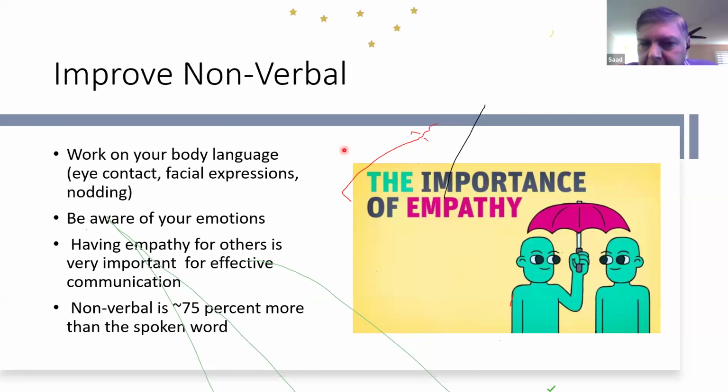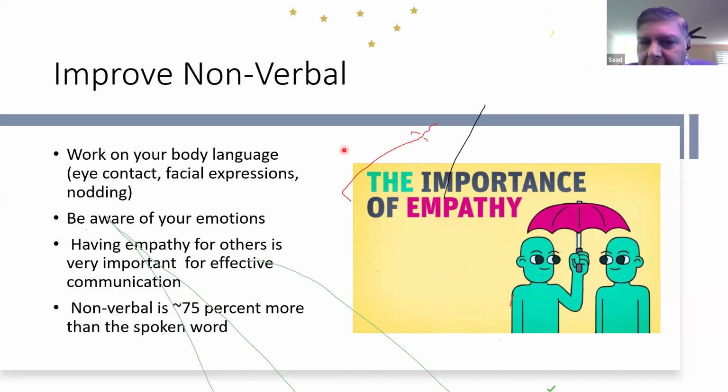Non-verbal communication: there has been research done. The numbers are anywhere between 65 and 90, so I just took 75 here. It basically says that non-verbal aspects of your communication carry 70 to 75% more weightage than the spoken word.